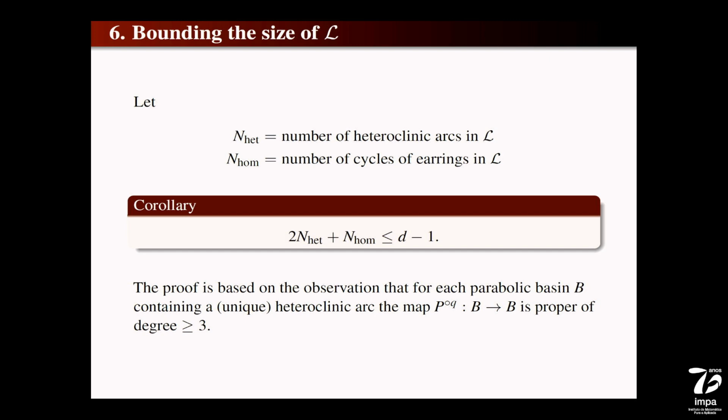You can't have anything else in that basin. Not another heteroclinic, not any earring of homoclinics. Then the qth iterate of the map, sending that basin to itself, is proper of degree at least 3. So it has at least 2 critical points in that basin.